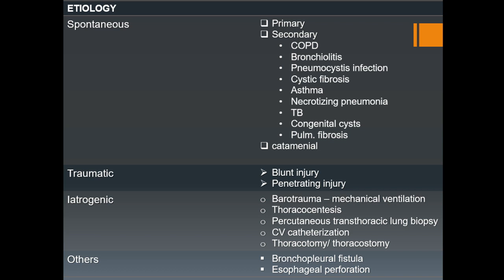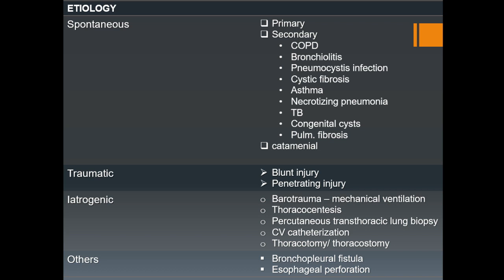The most common cause is Staph aureus. It may also be due to cystic fibrosis, either localized only in the lung, or generalized, maybe in the kidney or the pancreas or any part of the body, or due to severe asthma, or necrotizing pneumonia. Necrotizing pneumonia produces air into the pleural cavity, what we call pneumothorax.